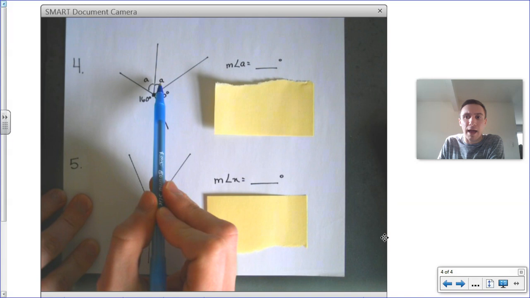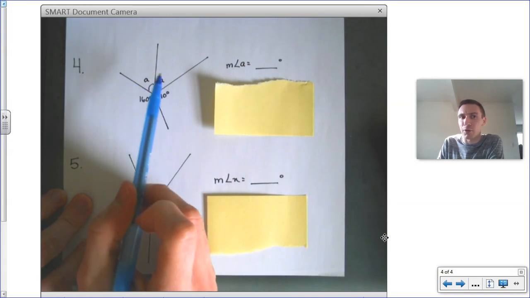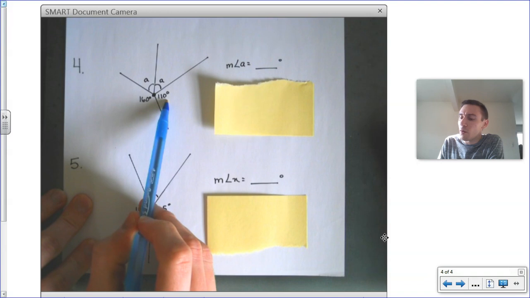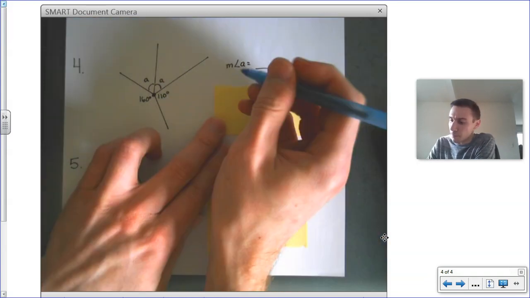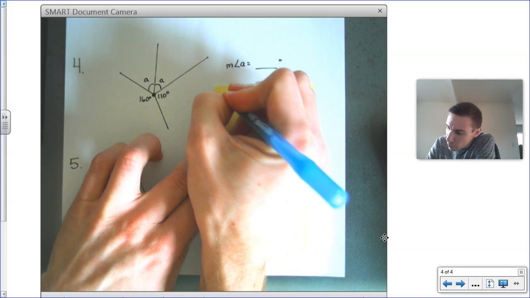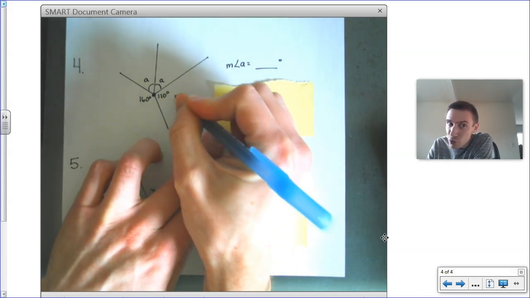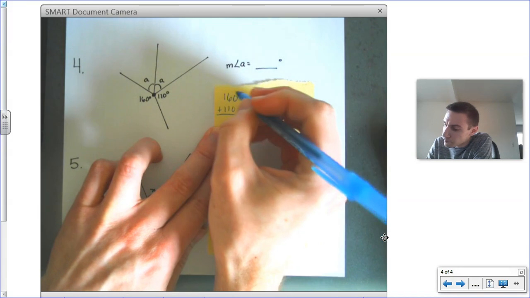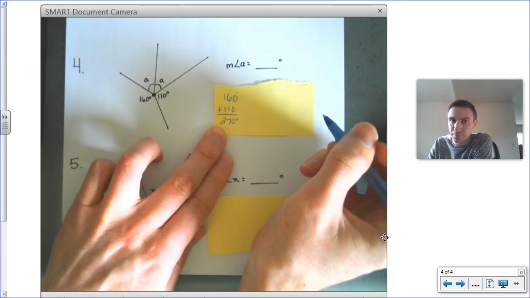It's A and A, so that's two A's. So that would be something that means that they're equal to one another. Over here, I have 160 plus 110, okay? So between these two angles that I know, I have 270 degrees.